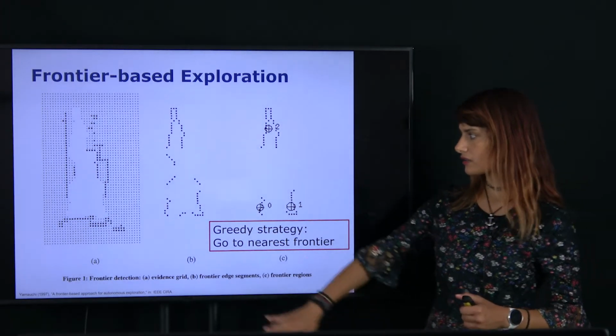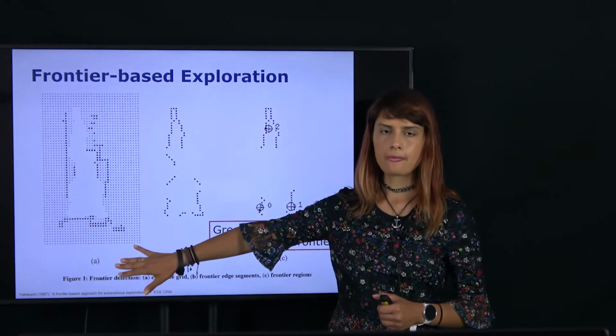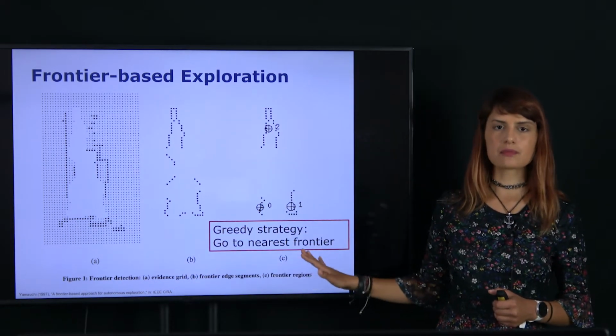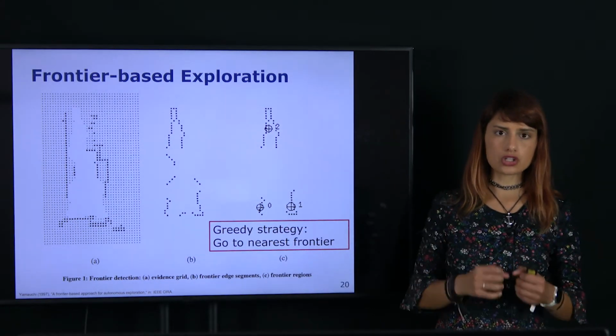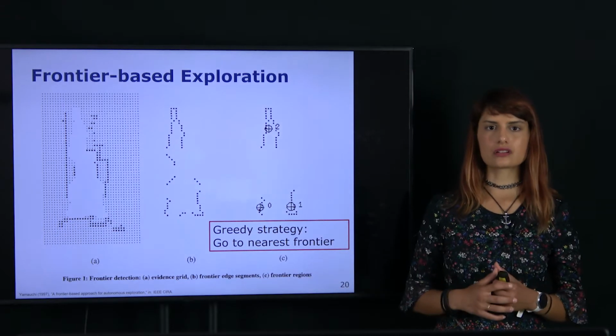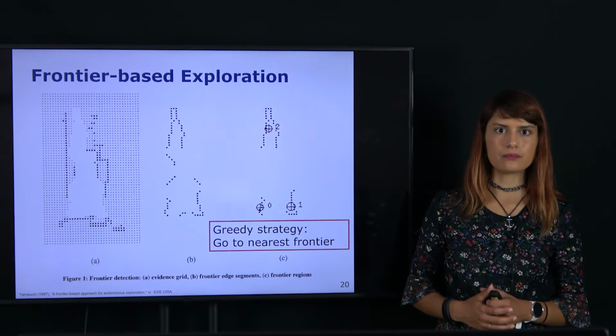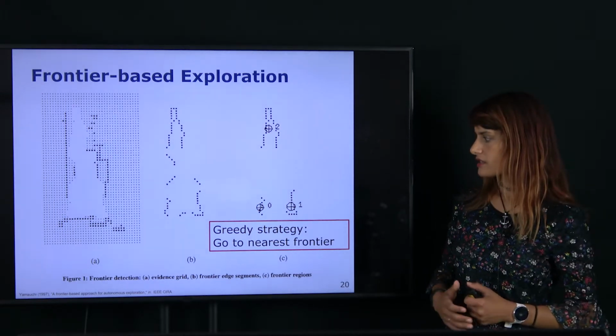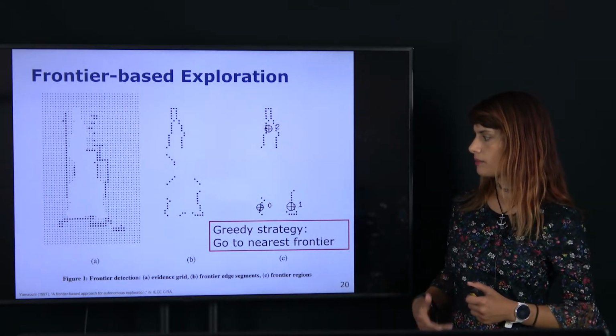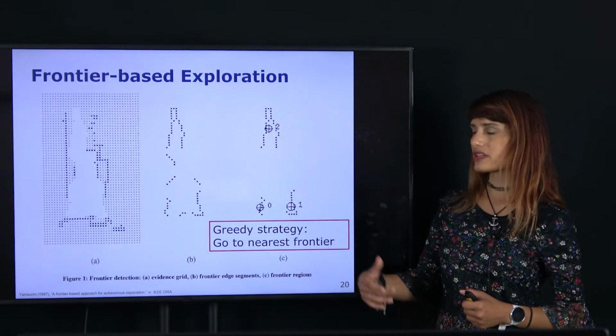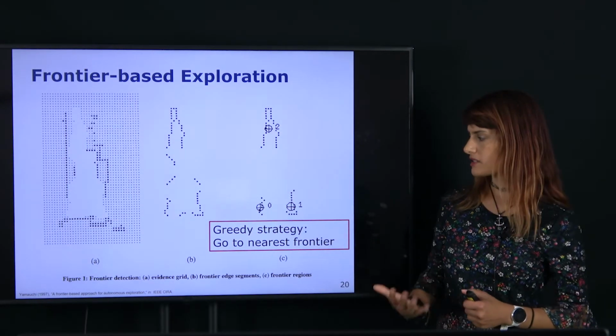We need to detect the frontiers in the map somehow, and then we need a shortest path planning algorithm for the robot from the current pose to the nearest frontier. For this we can use an algorithm that we already know, such as A star. This is a very easy and myopic way of simply going for the next best view and exploring the space.